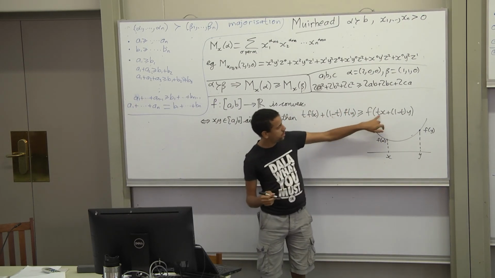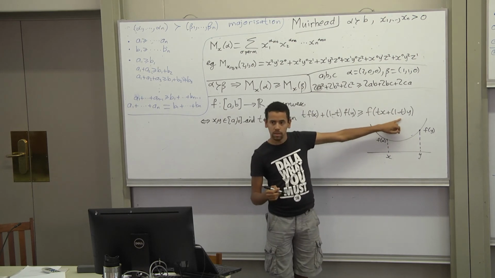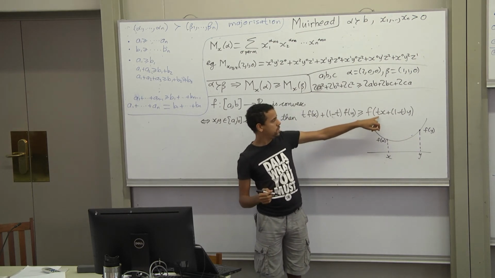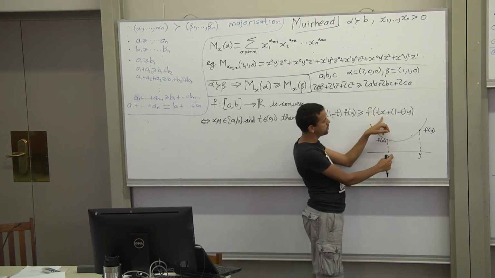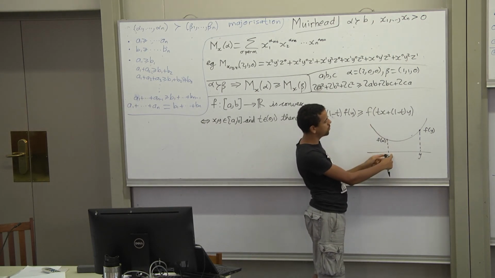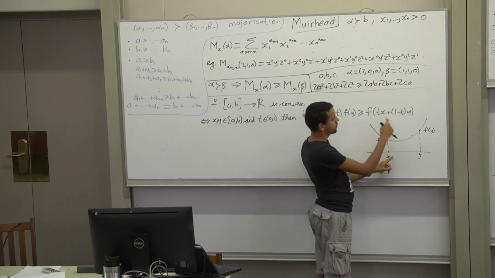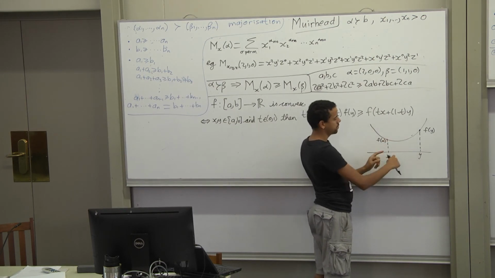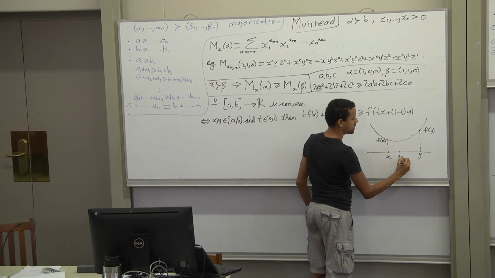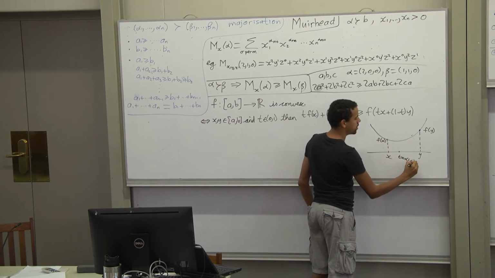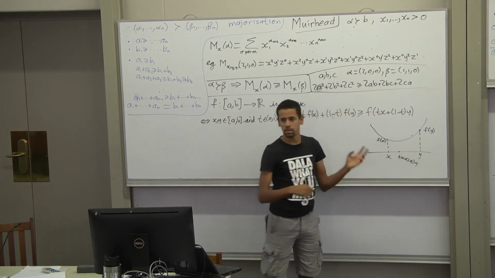Now this linear combination, tx plus (1 minus t)y, when t is 1, this is at x, and as t grows from 1 to 0, it becomes y. So this linear combination is somewhere in between x and y.